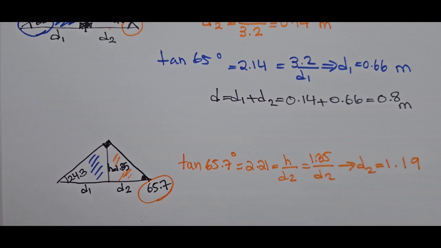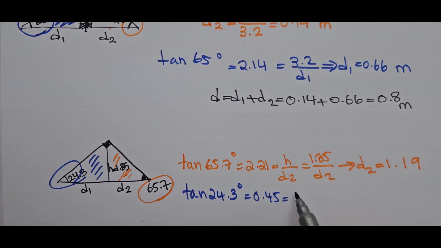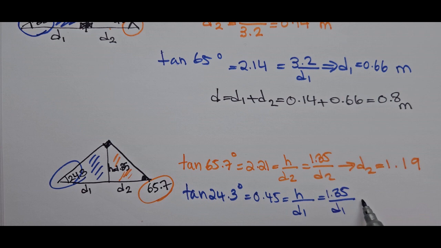And now let's do exactly the same thing. We will calculate the tan of 24.3. Again, guys, put your calculator in degree mode, and then tan of this angle would be 0.45, which is equal to h divided by d1. So h is 1.85 divided by d1. So from here d1 would be 0.24.